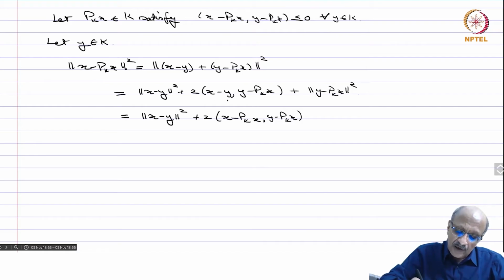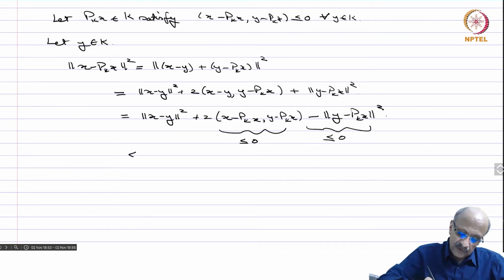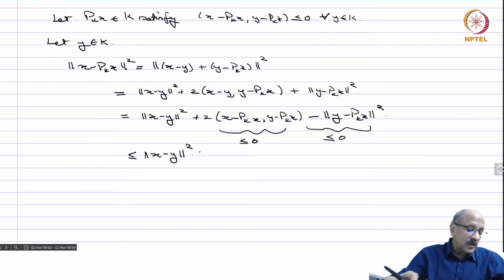So 2 times that will give you minus 2 times norm of y minus P_K x squared. There is a plus one already, so this will be minus norm of y minus P_K x squared. Now this is given to be less than or equal to 0. This is anyway less than or equal to 0, and therefore this is less than or equal to norm of x minus y squared. This is true for all y in K, and therefore P_K x is the closest point.